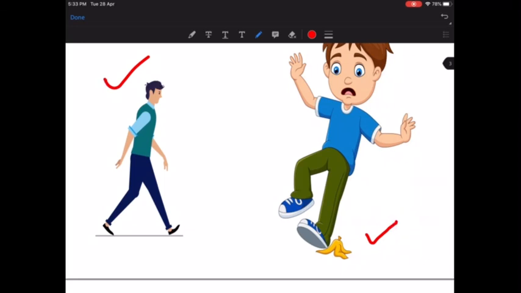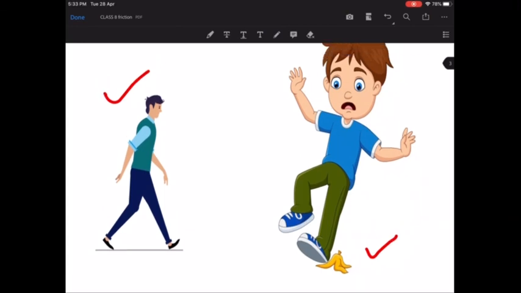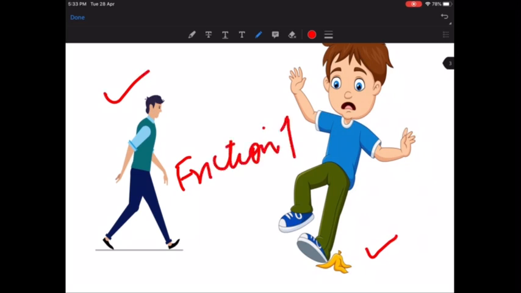So what is different about the road and the banana peel? The road is a rough surface and the banana cover is a smooth surface. Whenever the surface is rough, you have more friction. Whenever the surface is smooth, you have less friction. So when the surface is rough, friction will be more.